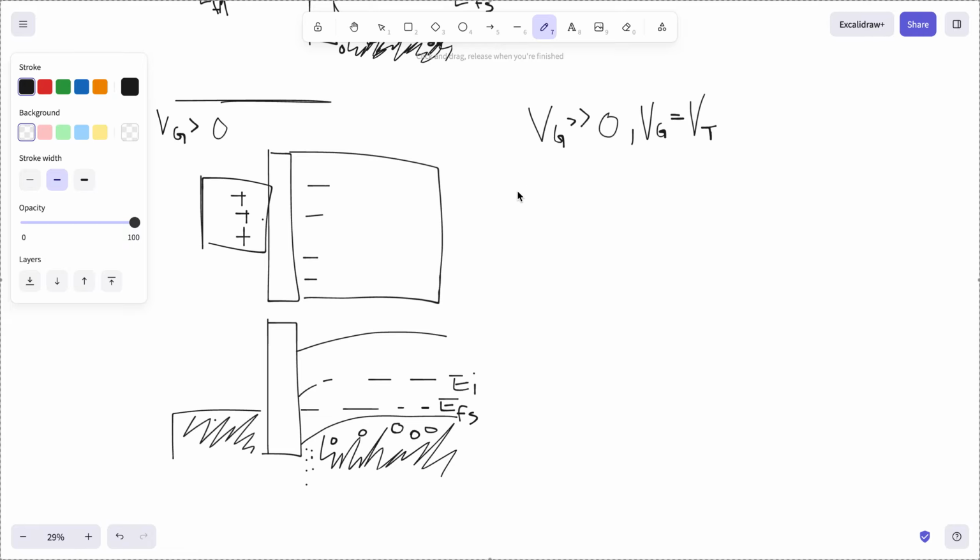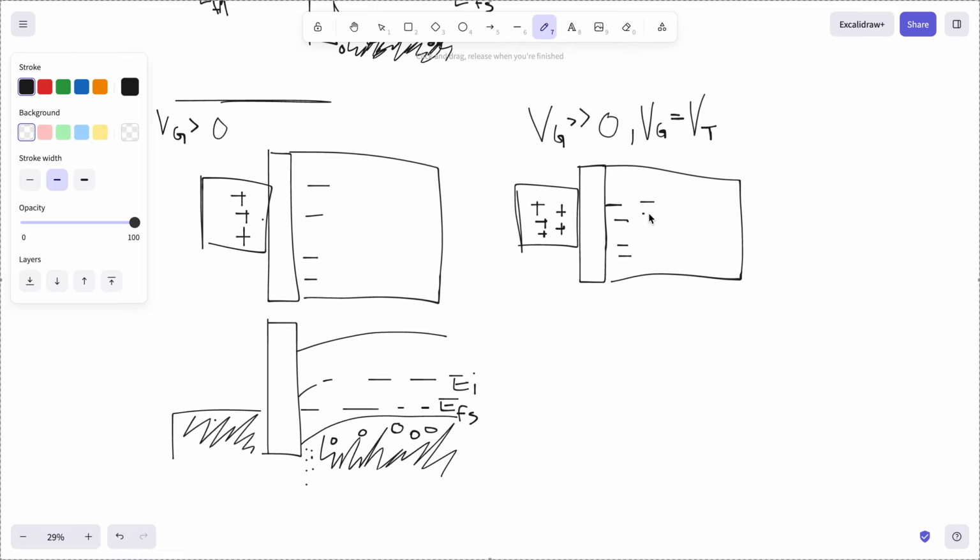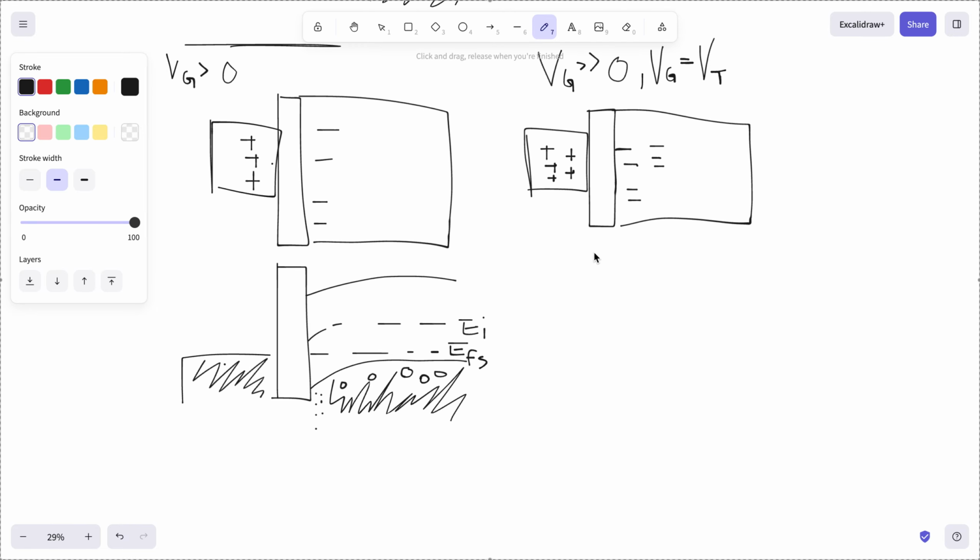When we get to this point, then there's even further accumulation of positive charges, which causes further depletion here, and which causes further band bending to the point where E sub Fs is significantly intersected with E sub I.